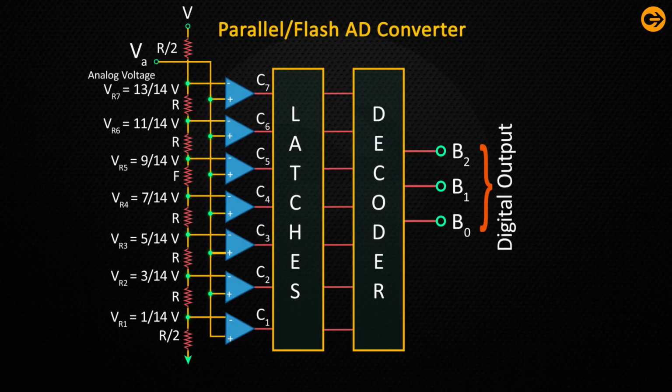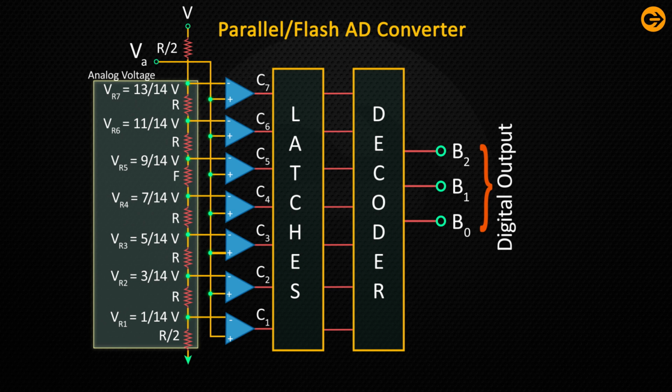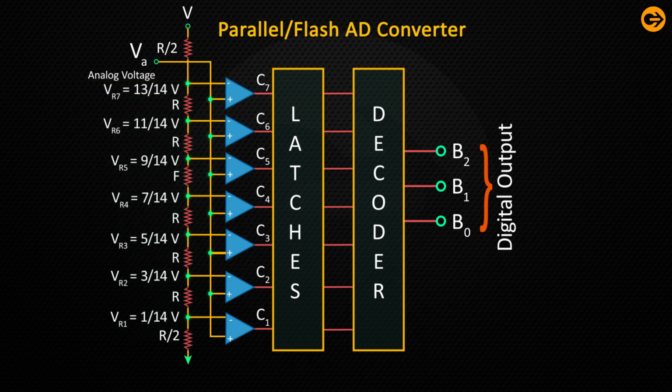Parallel flash AD converter. A 3-bit comparator ADC is shown. VA is the analog voltage that needs to be converted to the digital voltage. The full scale voltage is represented using V, and reference voltages VR1, VR2, VR3 and so on are generated using a resistor network.